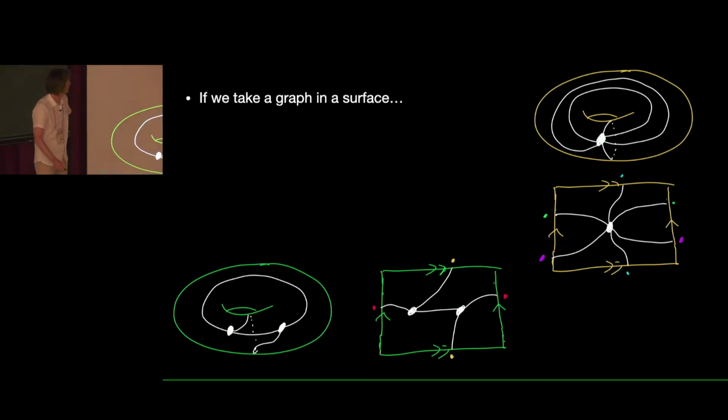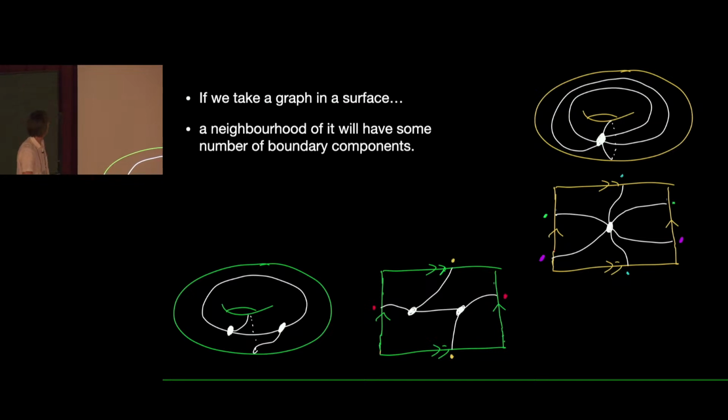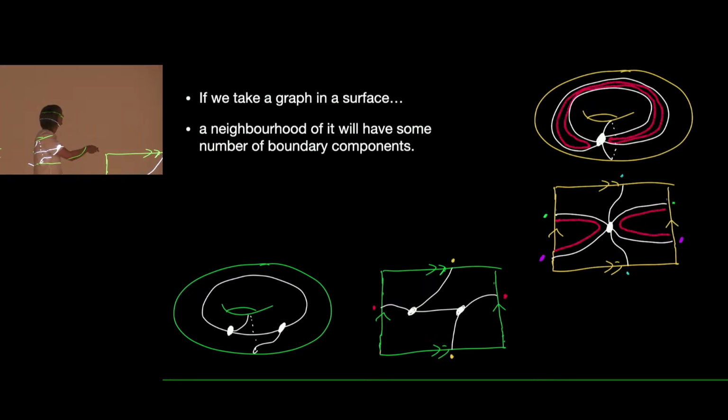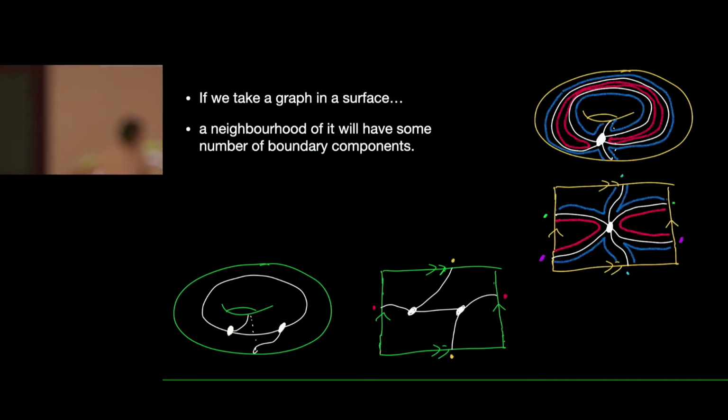Okay, so what do I know about boundary components? Let's take a look. My neighborhood of the graph is going to have some number of boundary components. So for example, with my yellow torus, I stand beside an edge and I keep walking, and I see my pink person gets back where they started, but haven't covered all of the sides of all of the edges. So I need to take a second blue person to stand and walk around there, around the back.